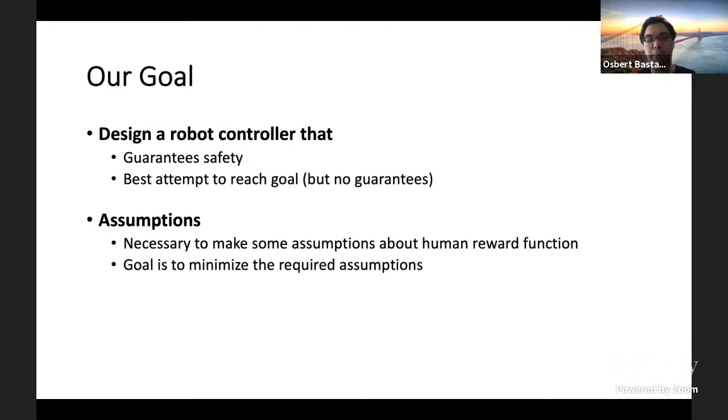And our goal is to really minimize the required assumptions. So we don't want to assume that we have a representative data set of human behaviors, or that the algorithm finds a good approximation of the human reward function. And then with these assumptions, we want to guarantee safety.